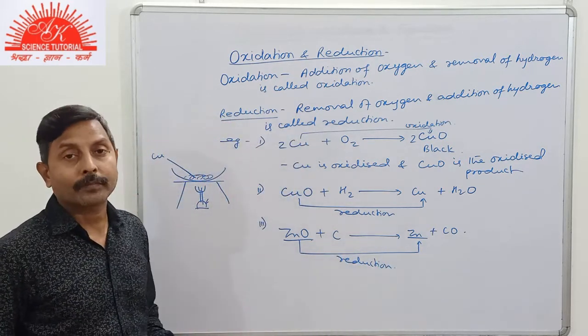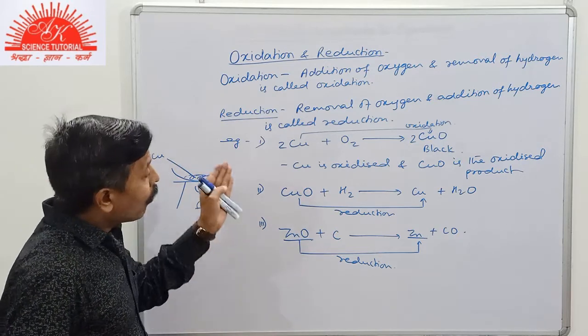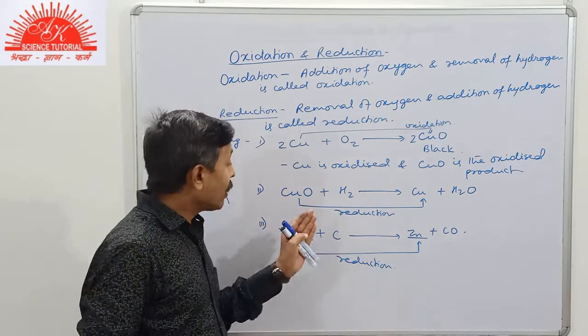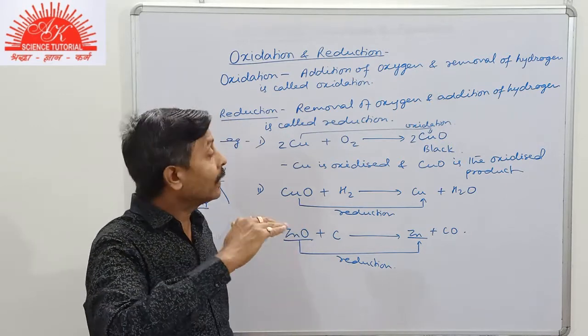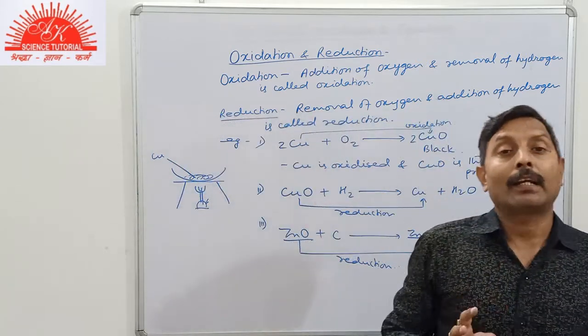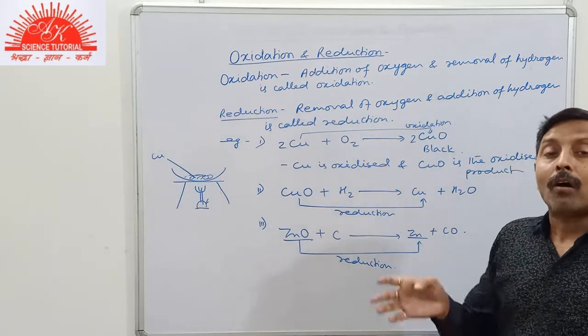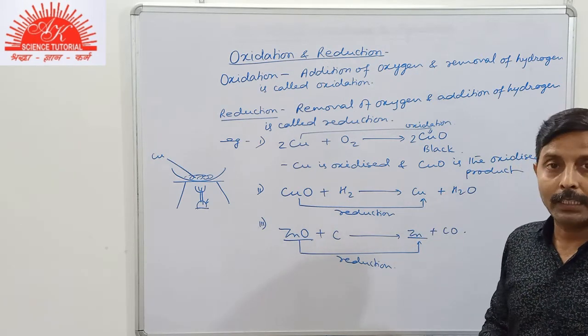Now, commonly we see that if there is the oxidation of one substance, then there will be the reduction of another substance. In general, in many reactions, oxidation and reduction take place simultaneously.